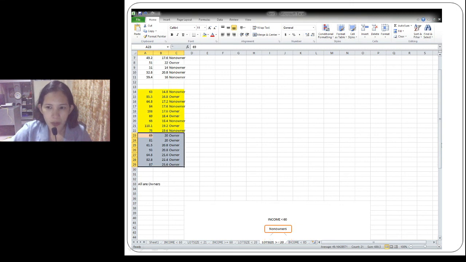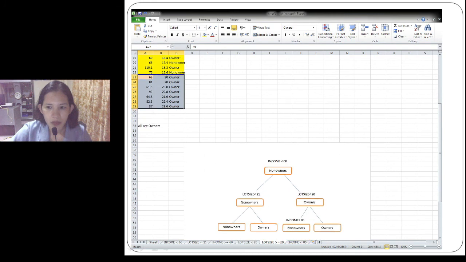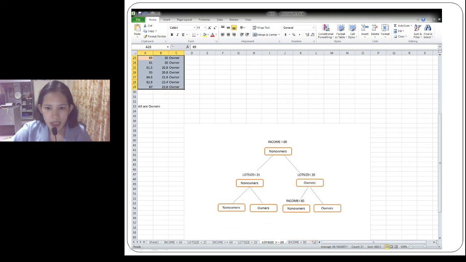So we can just use it, and no need to compute for the GINI or the entropy. So automatic that they are all owners. We have here no more nodes. This means that all the records whose income is less than 60 and the lot size is less than 20, they are all classified as owners.